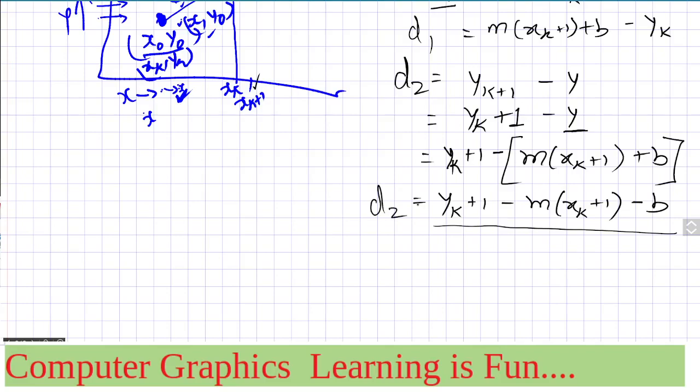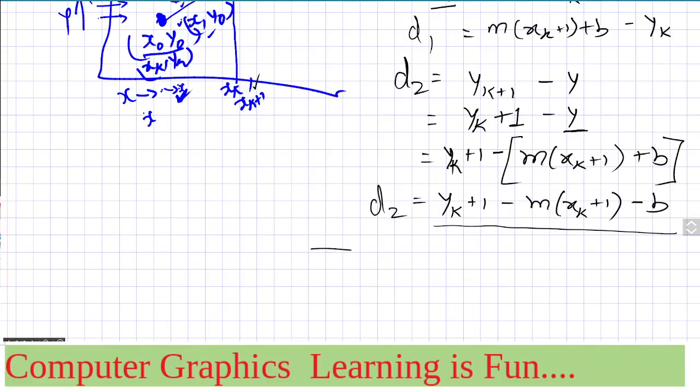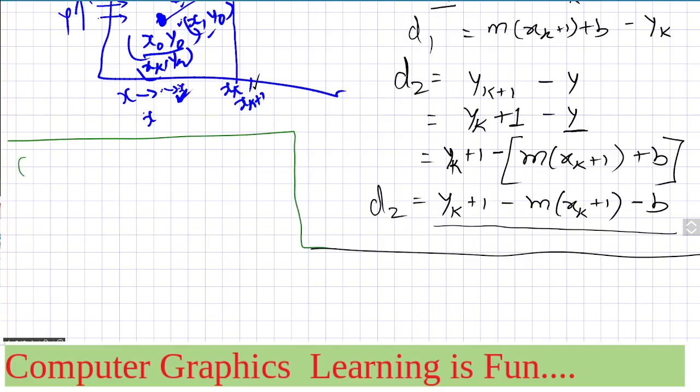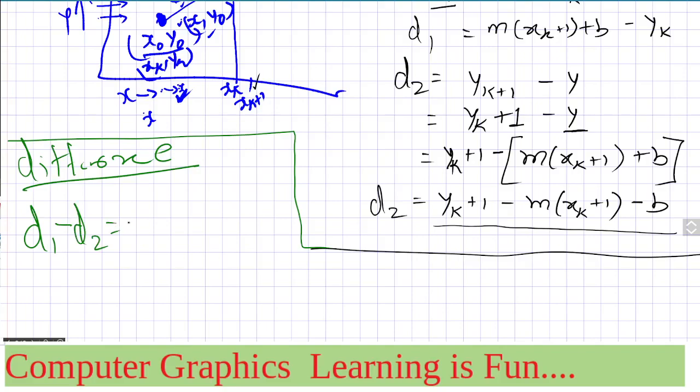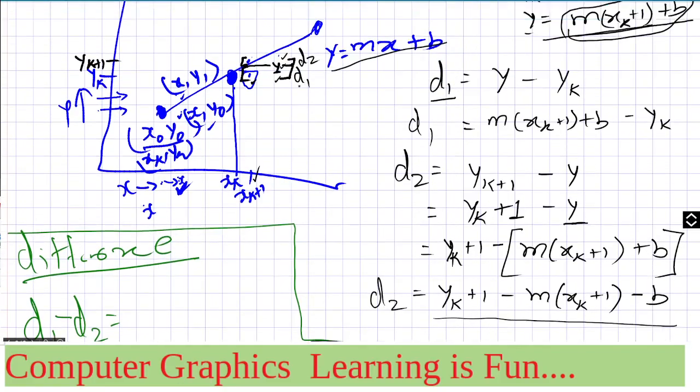Now according to the algorithm, let us find something, we call it the difference among the differences. You have the d1 and d2. Let me find d1 minus d2. This was my d1 and this was my d2.